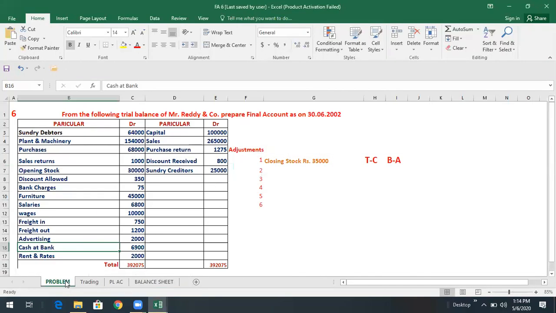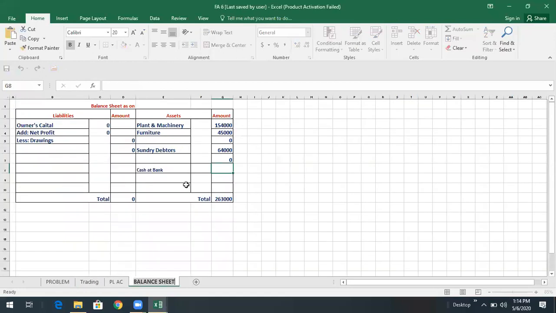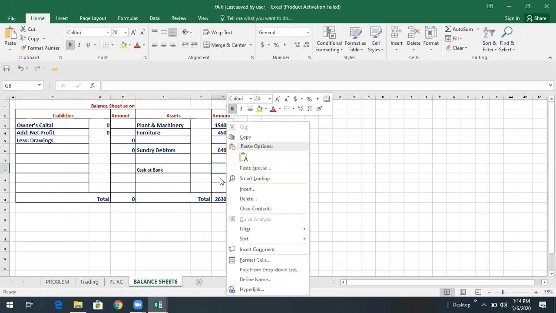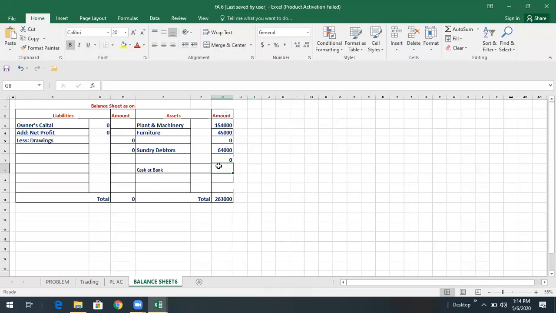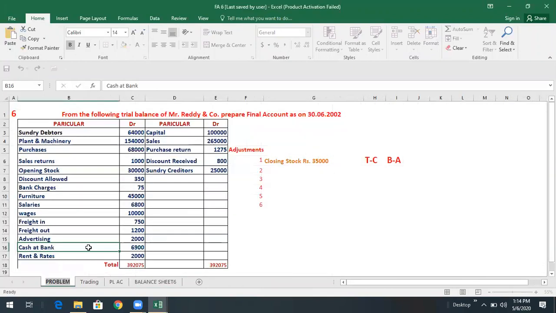What is the value? 6900 rupees. So I'm entering 6,900 rupees.